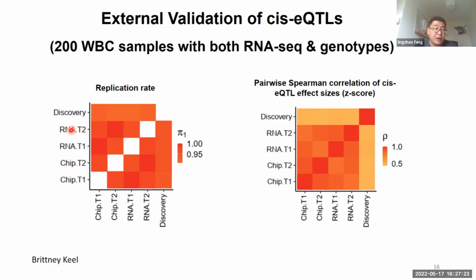So at the end, we got 4 datasets, and also the discovery population we have. We started looking at the replication between each of these pairs.